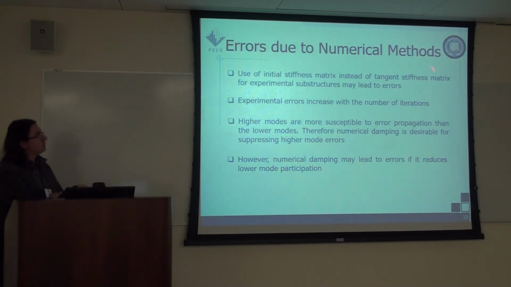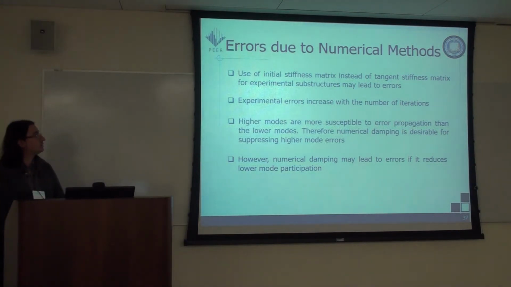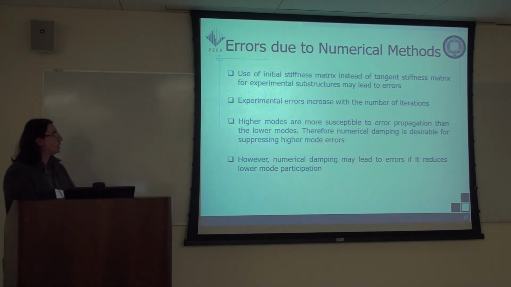If you use an integration method that doesn't need the tangent stiffness matrix, that's fine. And also, as I mentioned, because of these artificial loading and unloading cycles, experimental errors, also the simulation errors, increase with the number of iterations.